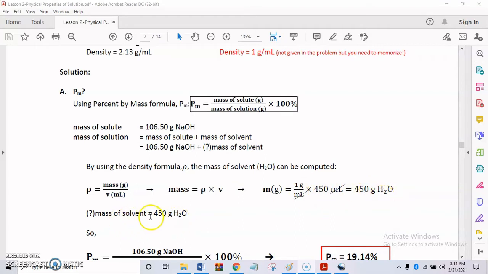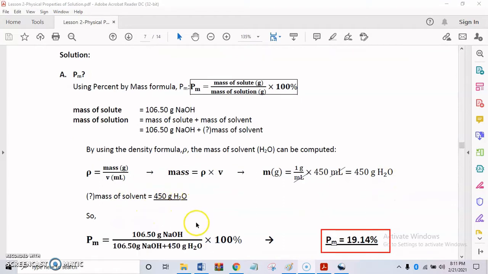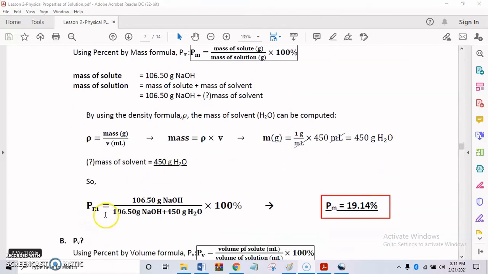So the mass of solvent is 450 grams of water. So by using the percent by mass formula, we can automatically input the 106.50 grams sodium hydroxide, all over the mass of solution, which is 106.50 grams sodium hydroxide and the 450 grams of water. Multiply that by 100, we can get 19.14%.